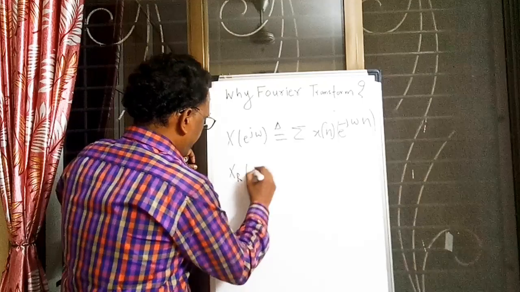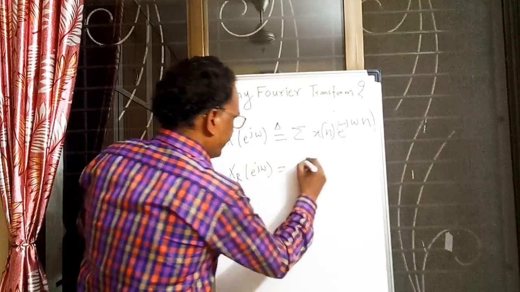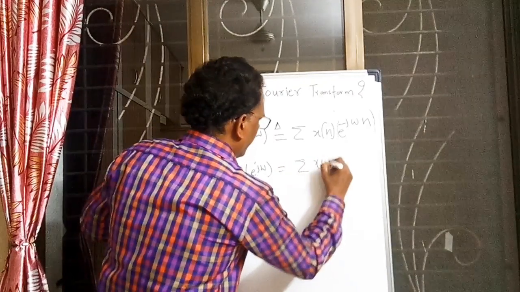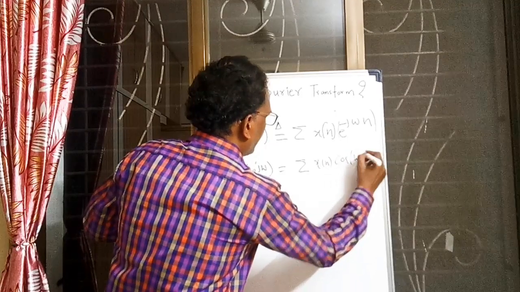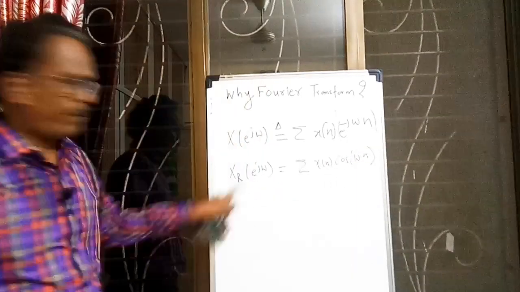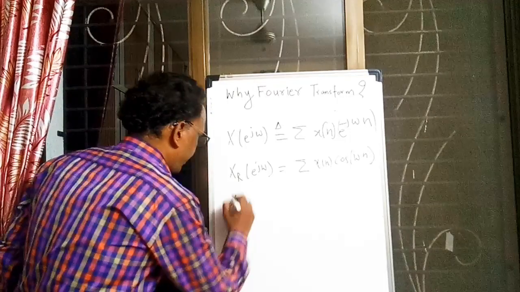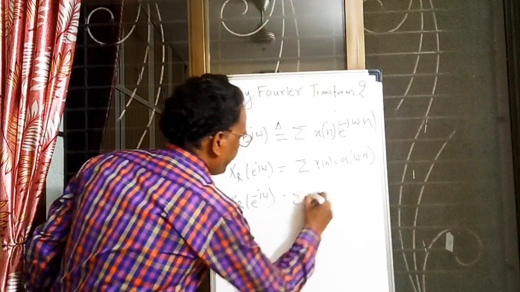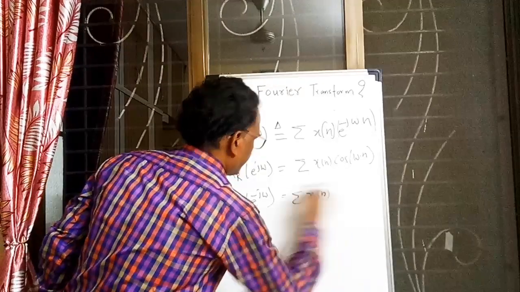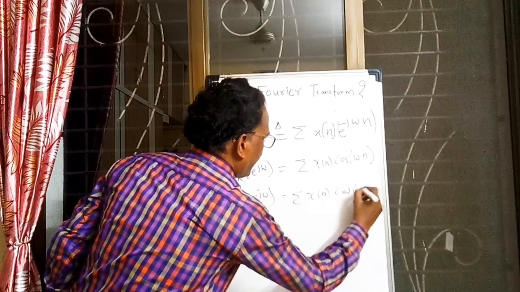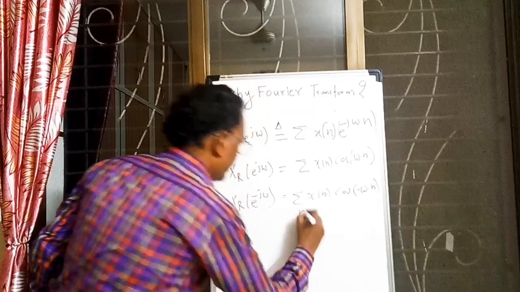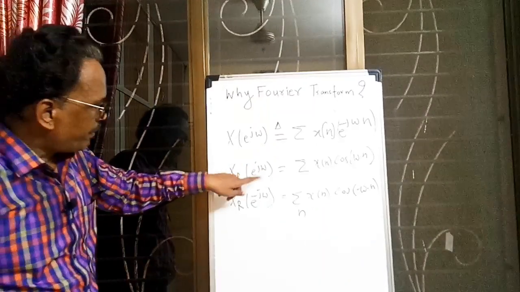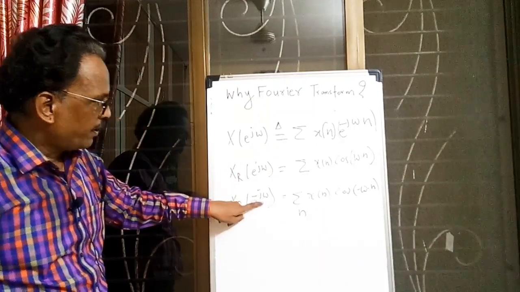X_R(e^{j omega}), which we have already obtained, is summation x of n cos of omega n. Let us replace omega by minus omega. So X_R(e^{-j omega}) is equal to summation x of n cos of minus omega n. In the real part, I am replacing omega by minus omega.